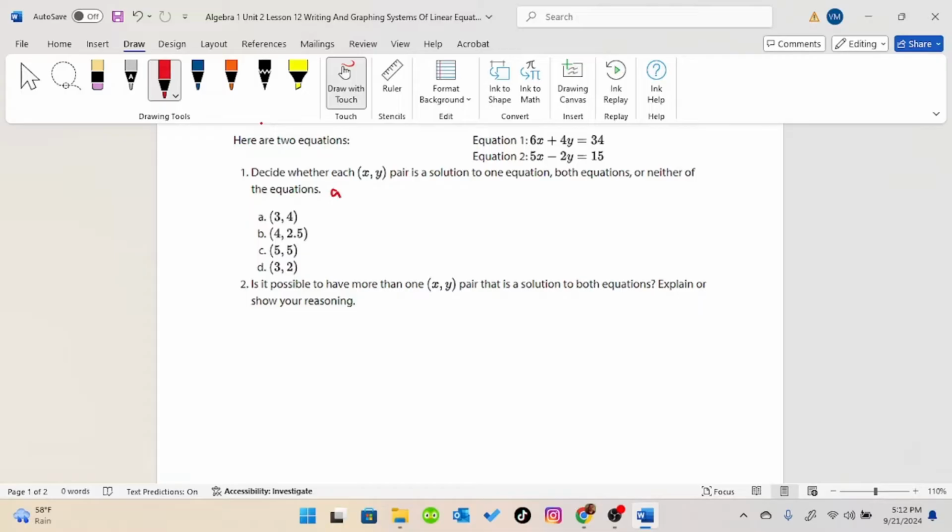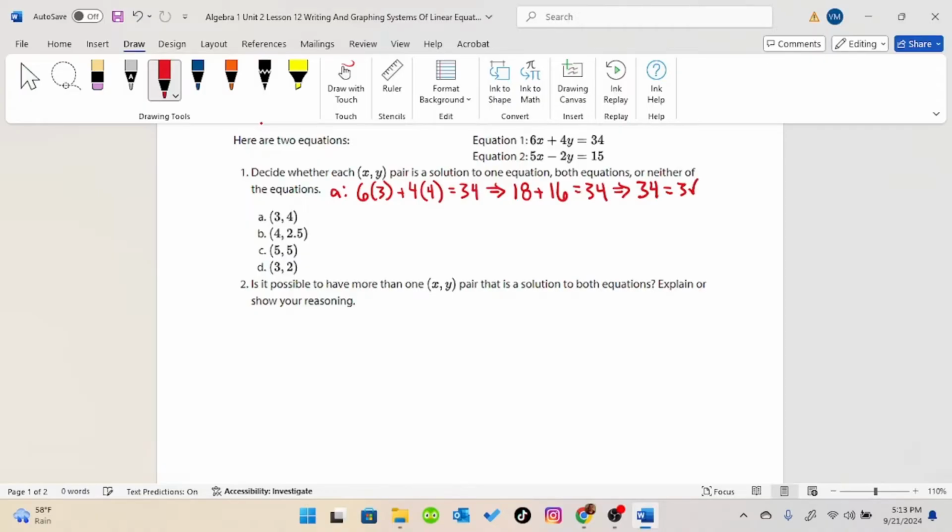So for A, we have 6 times 3 plus 4 times 4 equals 34. 6 times 3 is 18. 4 times 4 is 16. 18 plus 16 is 34.